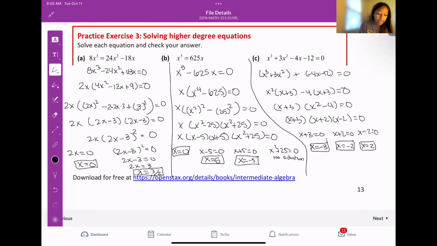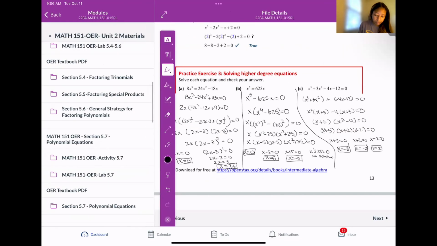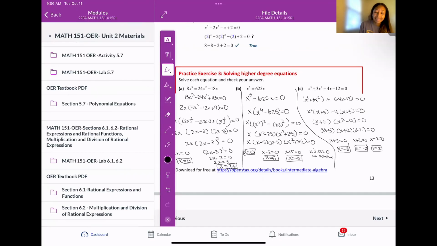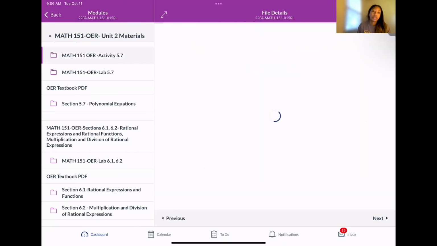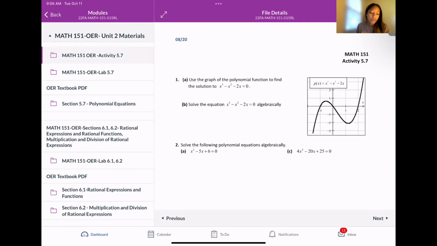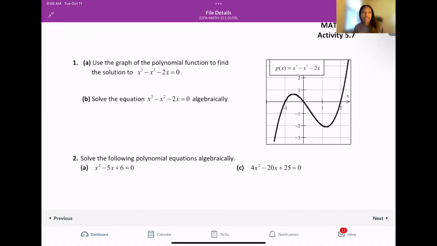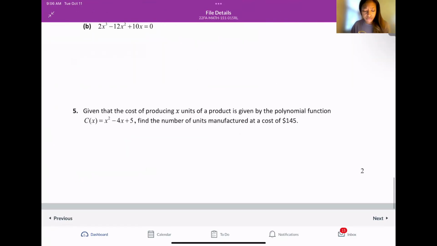All right, so let's go to activity 5.7. If you look in modules, it says 151 OER activity 5.7. This activity just has more of the types of practice problems that we just did, kind of summarizes everything.